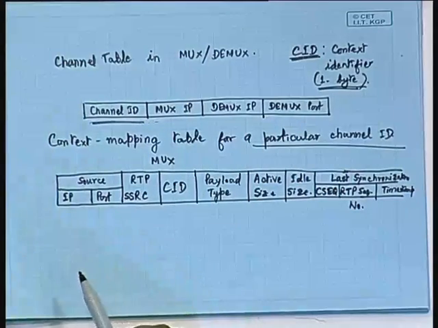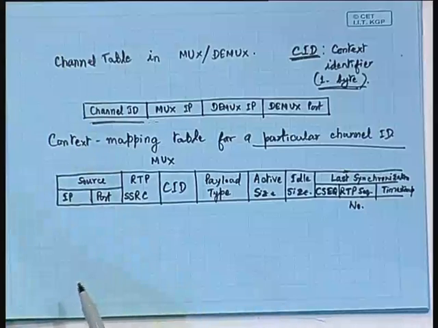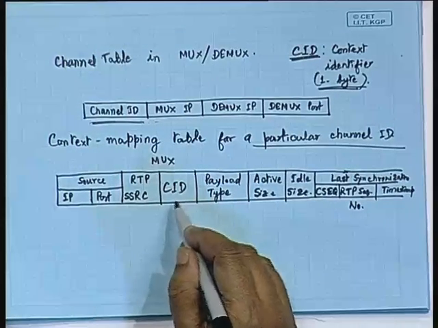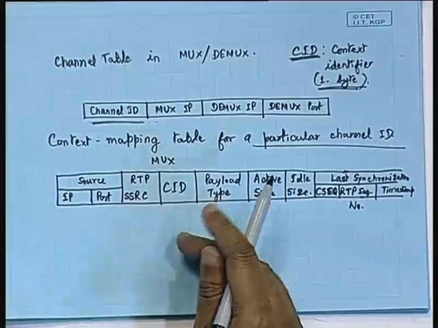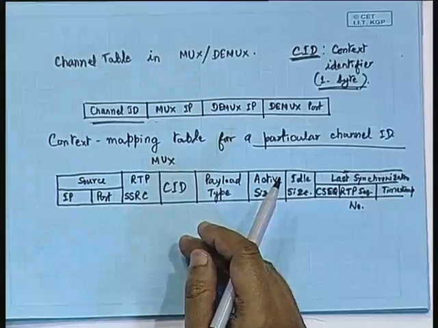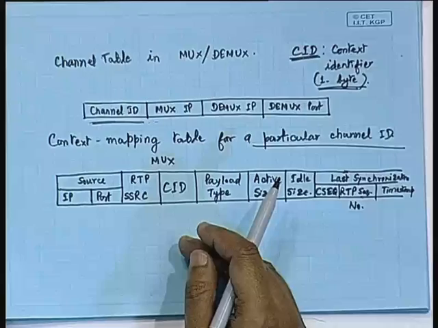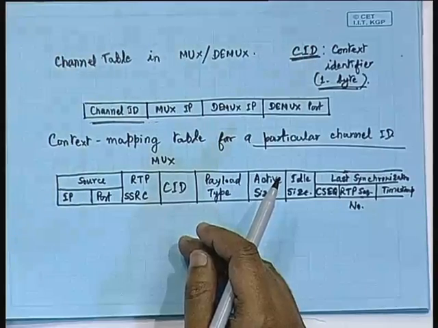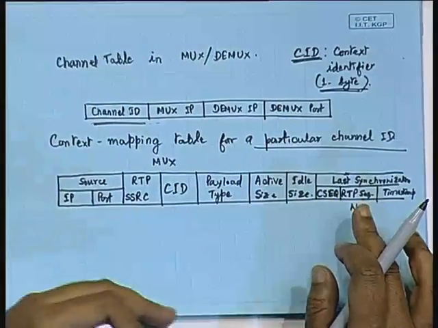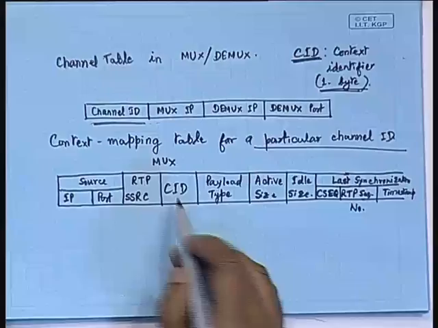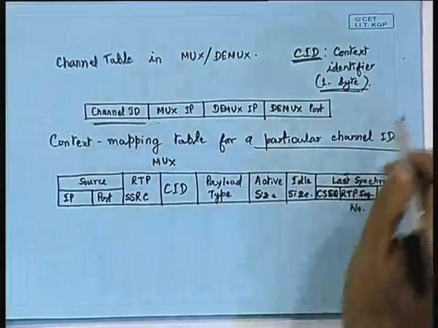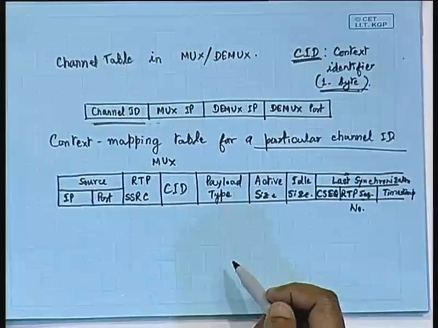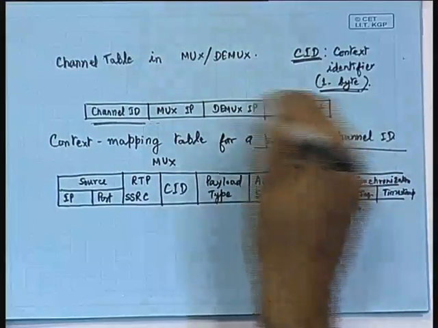So it knows where it is to be sent, and it can form the C sequence value, because when it receives the voice packet from the actual source, it has the RTP sequence number, not the context sequence number. But using this table, it can form the context sequence, and then the context sequence and the context ID could be dispatched to the demultiplexer at the proper port, which it can find out from this channel table.